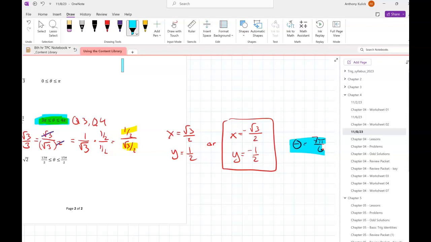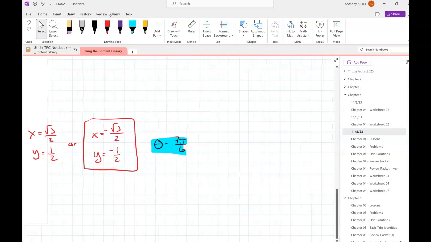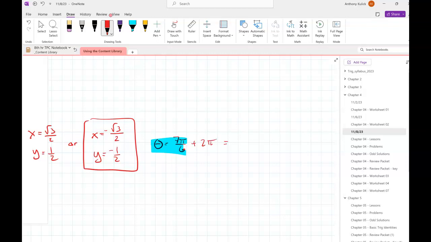So what should I do to make it bigger, but still keep the tangent equal to root 3 over 3? Add 2 pi. So 1 1/6 plus 2 is 3 1/6, correct? Which is definitely between 3 and 4. So this will give me the answer I want.